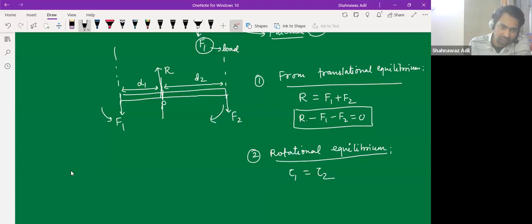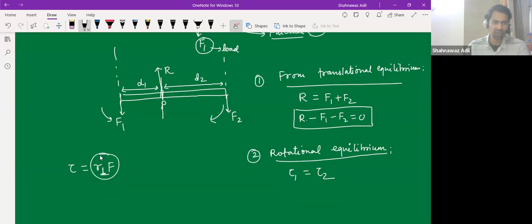You guys know what the torque is. What is the magnitude of the torque? Torque is r perpendicular into F, right?